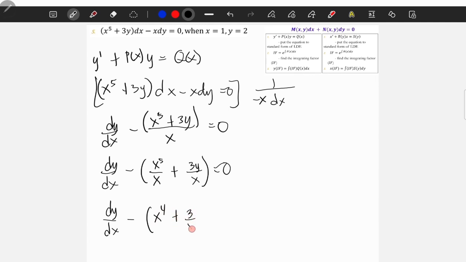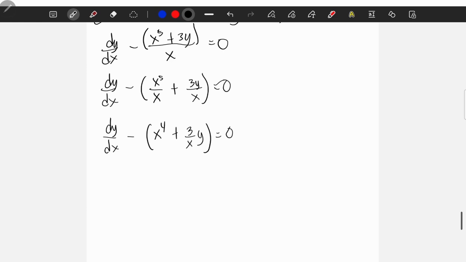So, 3 over x times y. And then distribute the negative. Negative times x to the power of 4 is negative x to the power of 4. Negative times 3 over x y is negative 3 over x y equal to 0.